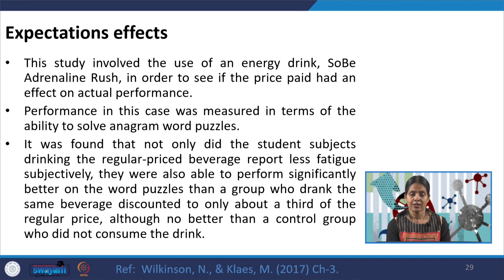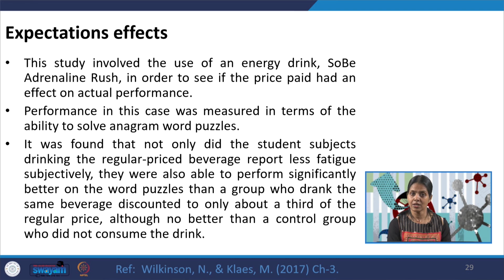It was found that not only did the student subjects drinking the regular priced beverage report less fatigue subjectively, they are also able to perform significantly better on the word puzzles than a group who drank the same beverage discounted to only about a third of the regular price, although no better than a control group who did not consume the drink.